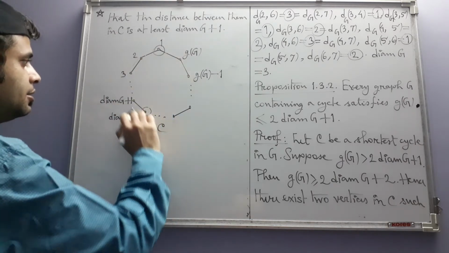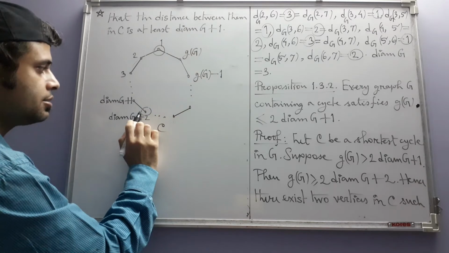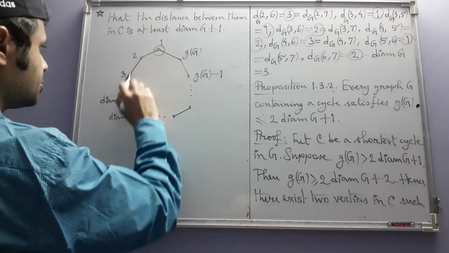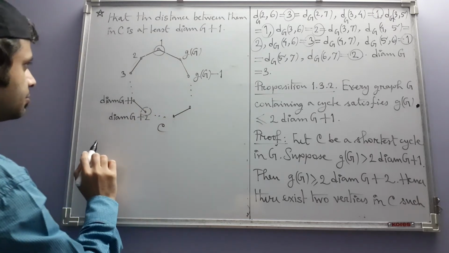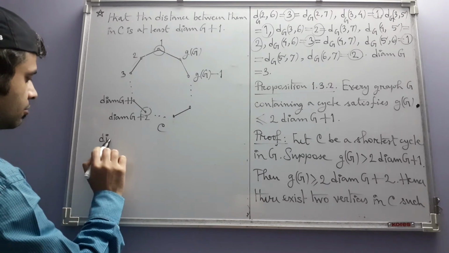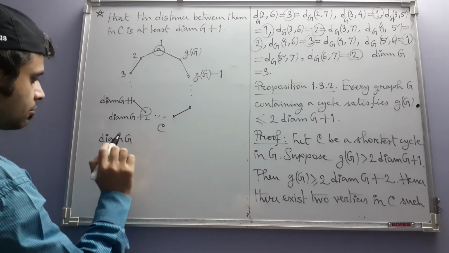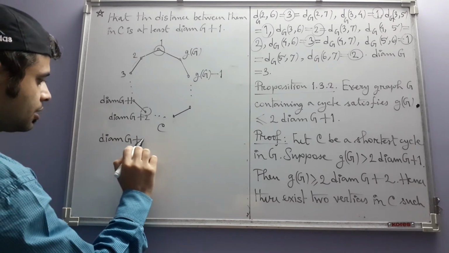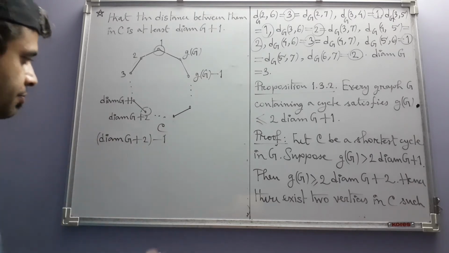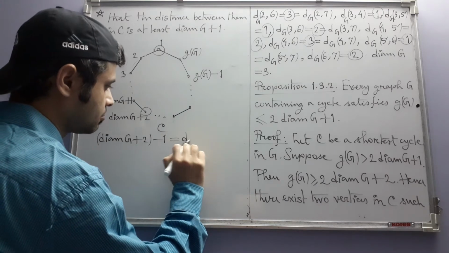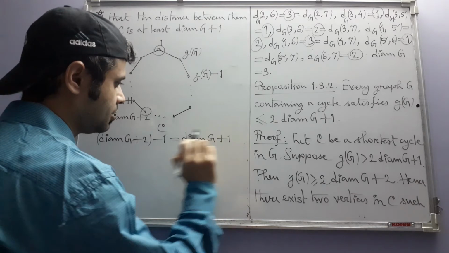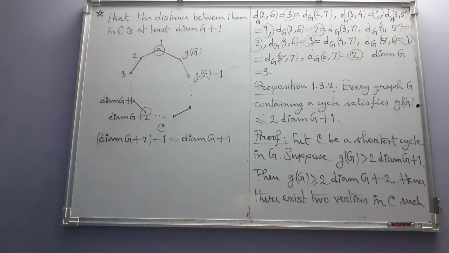One of them is this and the other one is this. The length of this path is what? Diameter of G plus 2 minus 1, which is diameter of G plus 1.